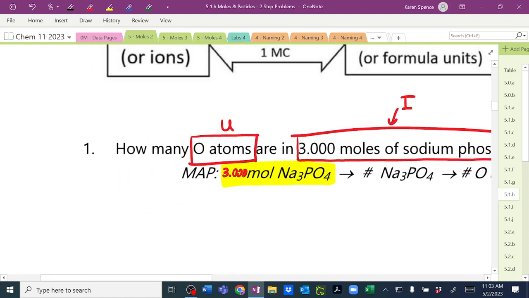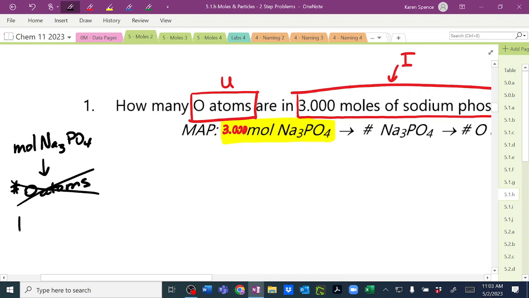Can I turn moles of Na3PO4 directly into the number of oxygen atoms? No. I can only turn moles of Na3PO4 into the number of Na3PO4. It's like if I had a dozen bicycles.